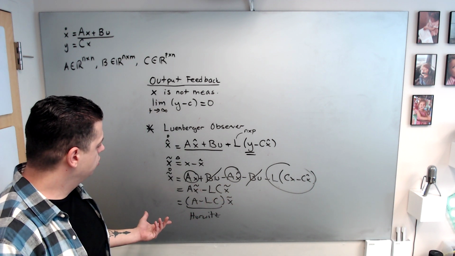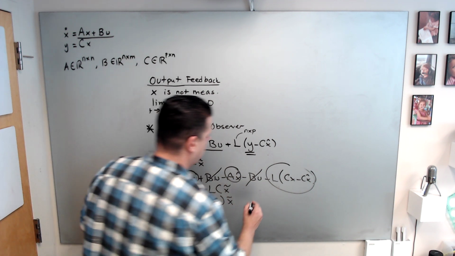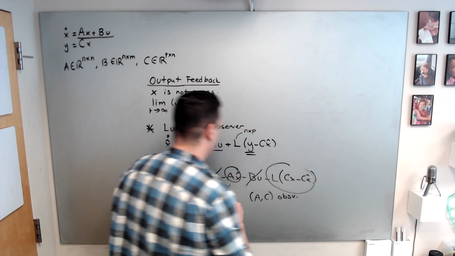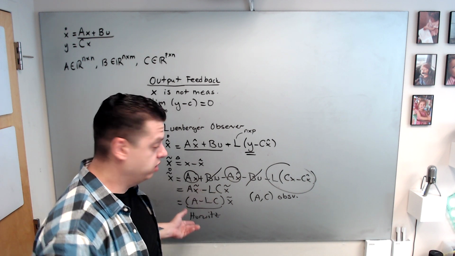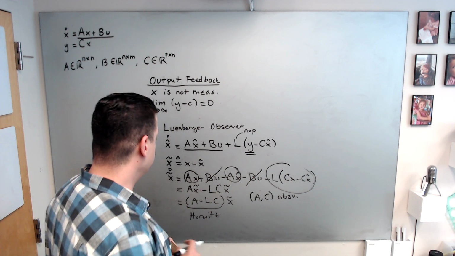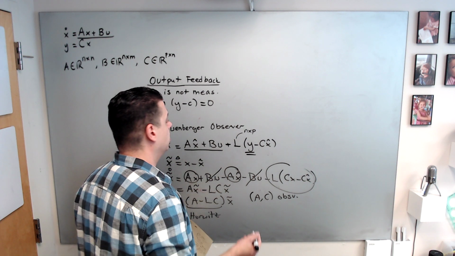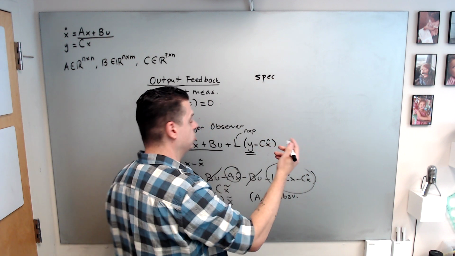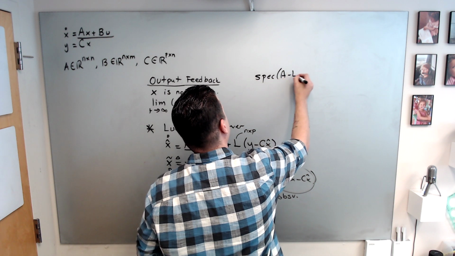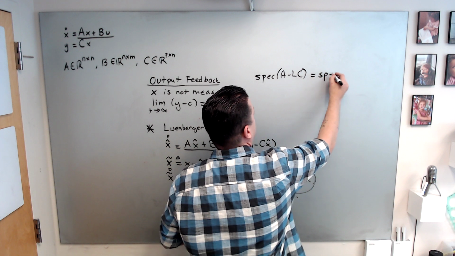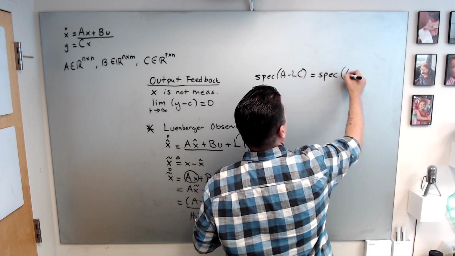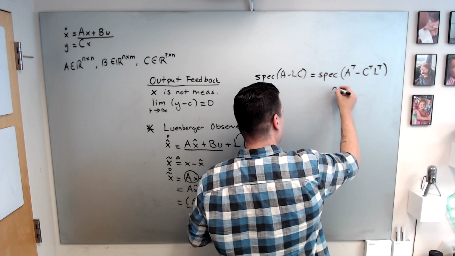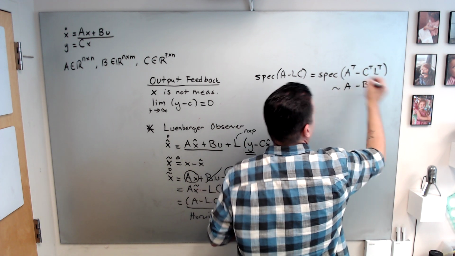To do so, if A, C is observable, you are always going to find L to make this Hurwitz. For this, you can again use the LQR command. For example, first of all, the spectrum of eigenvalues of A minus LC equals the spectrum of its transpose. If you take its transpose, you have A transpose minus C transpose L transpose. This is similar to the A minus B K form.